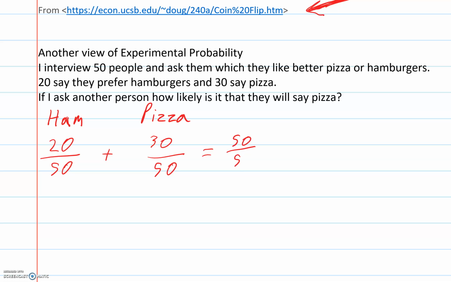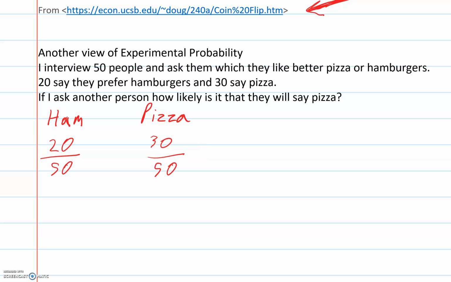So in this case, 50 over 50, which simplifies to 1 over 1, or 1. So this is a very important little piece of information. But anyways, hamburgers, 20 out of 50 people. So 20 out of 50 say that they prefer hamburgers, and 30 out of 50 say that they prefer pizza.